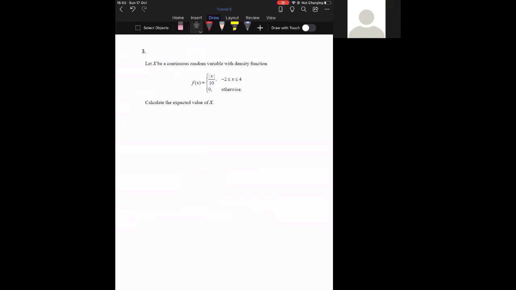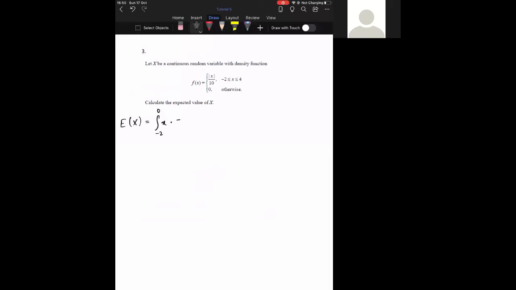So what we're going to do is this: E of X equals the integral from -2 to 0 of x times, so for the absolute value we want to take the negative values of x in order to cancel out the negative limits.